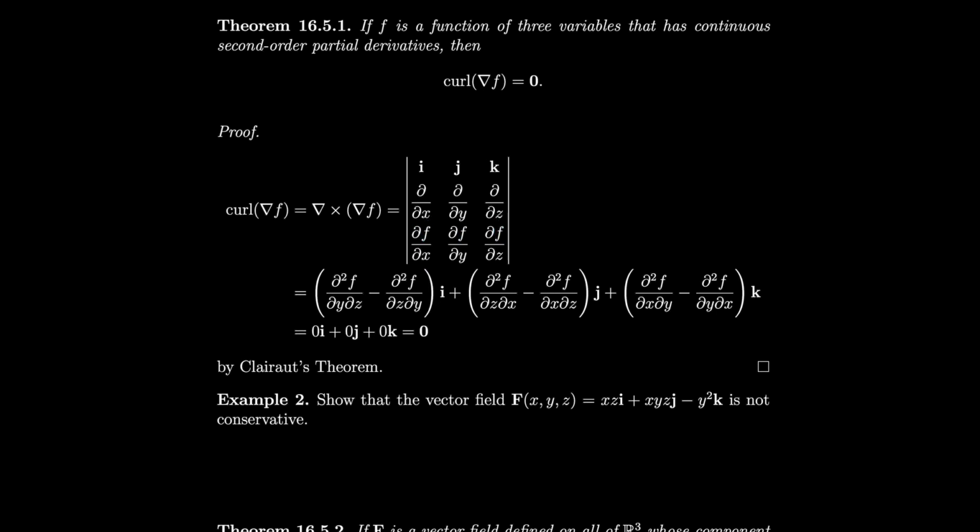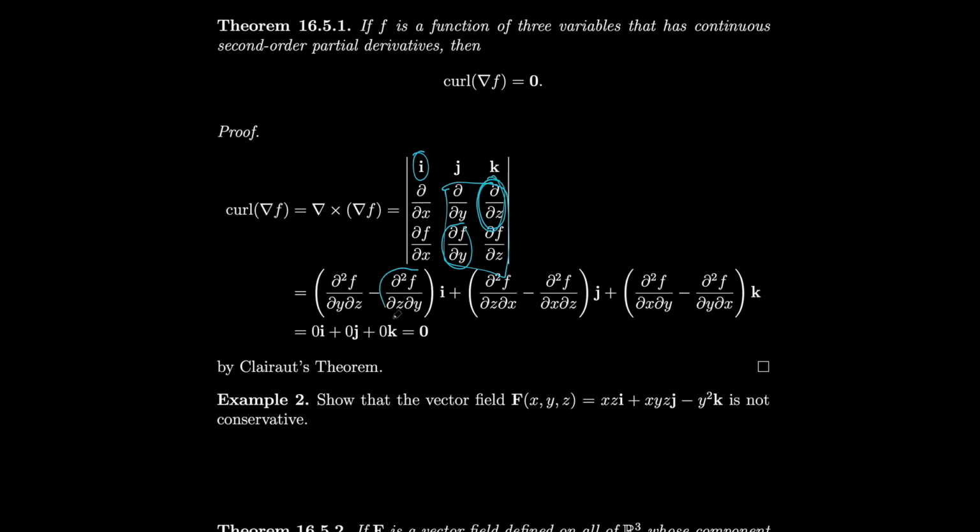So when we take the partial for i, we're taking the determinant over here. So that means we take the partial of the partial. We're taking the second partial of f, with respect to z and then y. And then we take the partial of f with respect to y and then apply z to it.